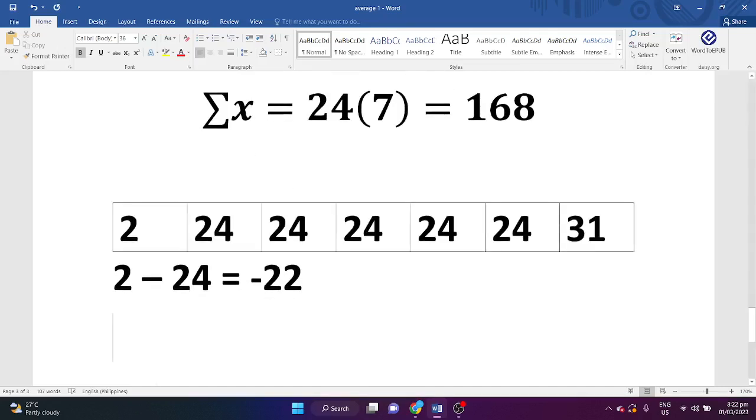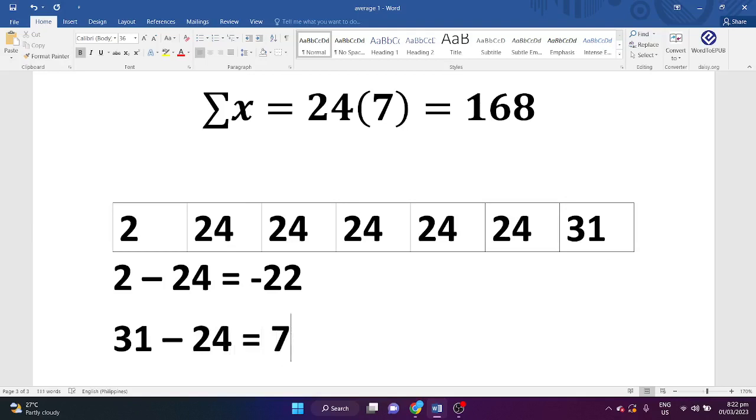On the other hand, the 31 here tells us that there is an excess. So let us check the value of the excess. So 31 minus 24, and this will give us 7.